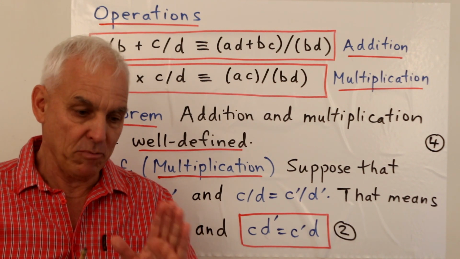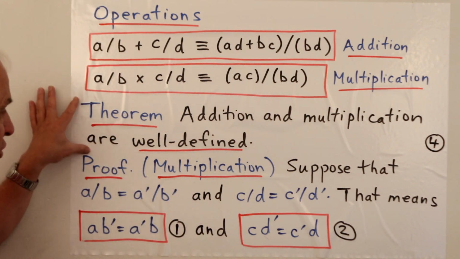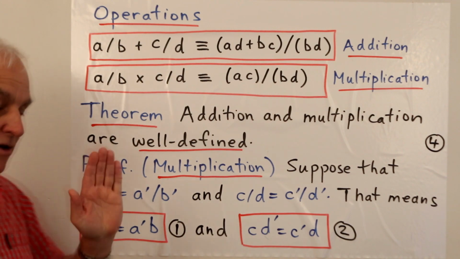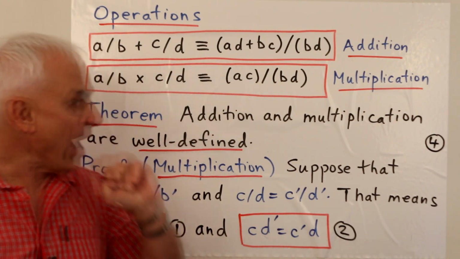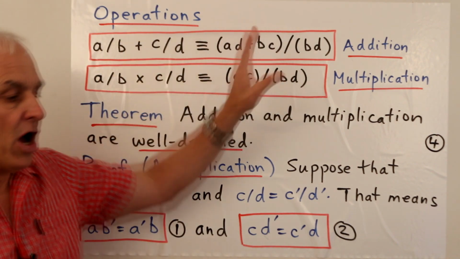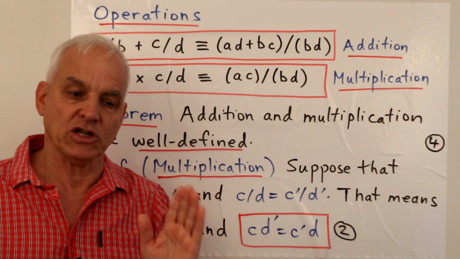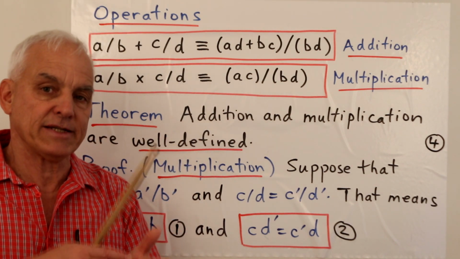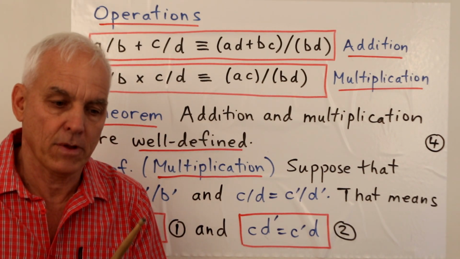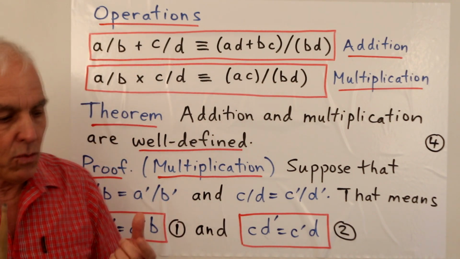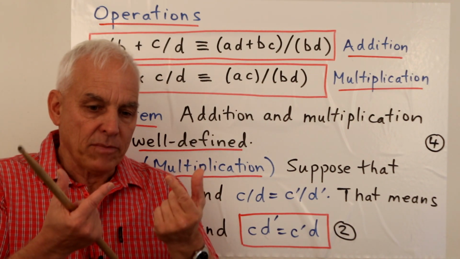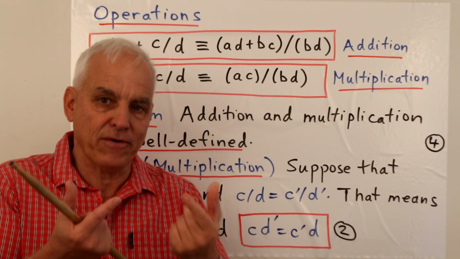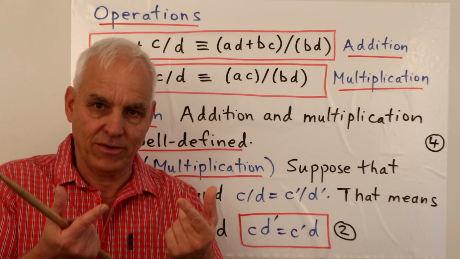But, and it's a very important but, there is a crucial proviso that we have to check first. As it stands, these are not entirely proper definitions because they are not necessarily well defined. What do we mean here? Well, we've agreed that a fraction can have different representations.